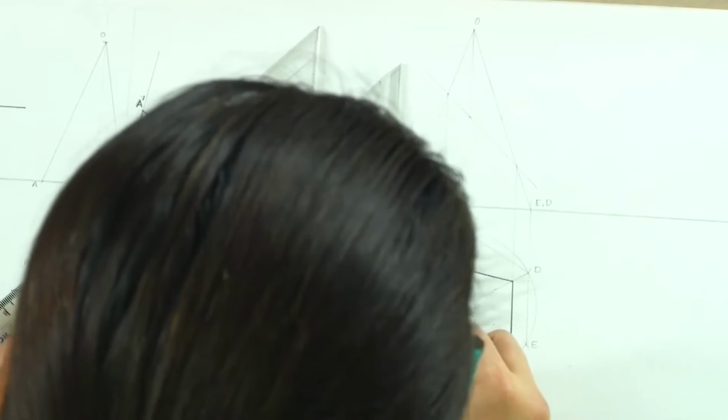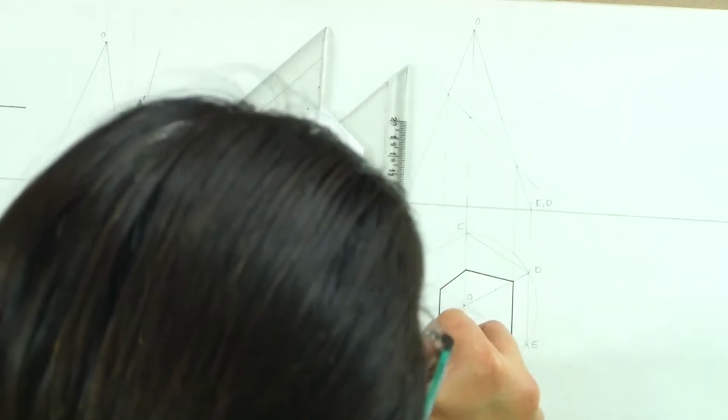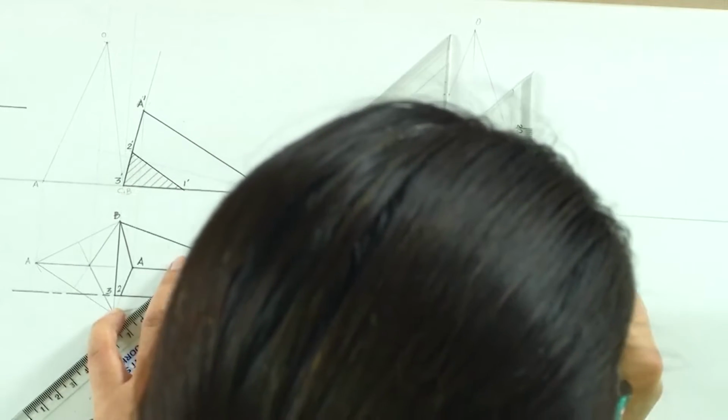So, this is the final top view that we are going to be seeing in case of a hexagonal pyramid.